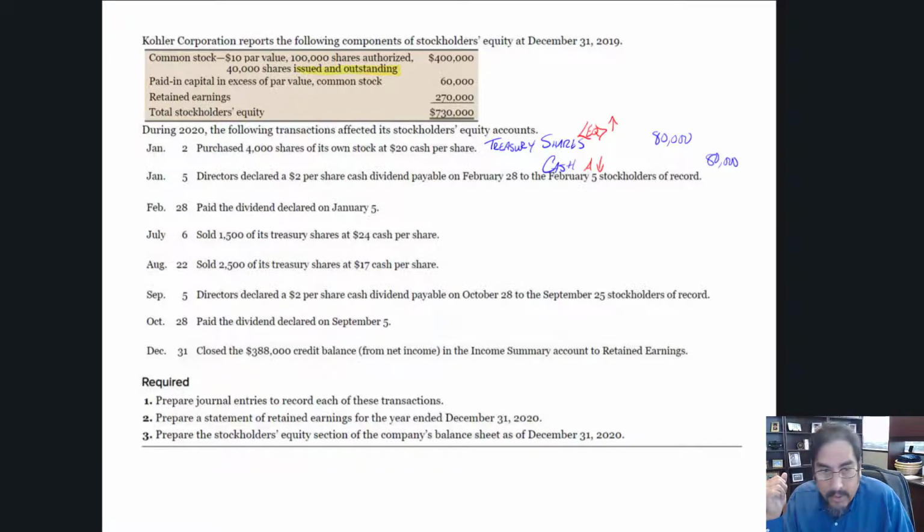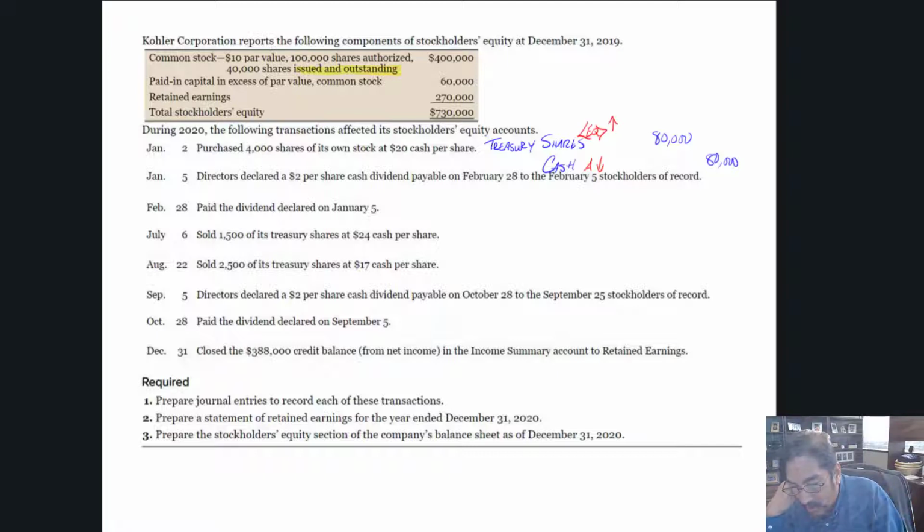Next, the directors declare a $2 per share cash dividend. Cash dividends, or any dividend, stock dividend also, are only paid on outstanding shares. We just bought back 4,000 of our shares.